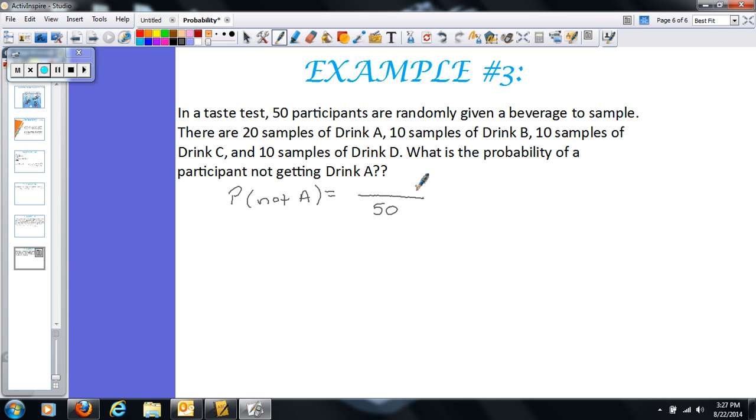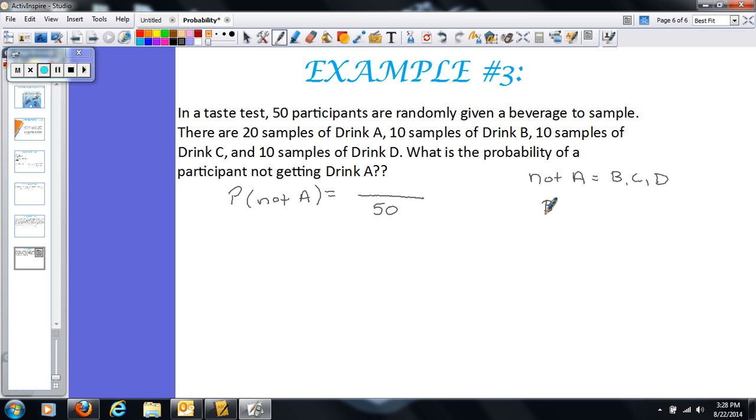Okay, now out of those 50, how many of them are not A? Okay, so not A would mean that it would be B, C, or D, correct? Right, because if I say we got B, is that not A? Yep. If I say we got C, well that's not A. And if I say we got D, well that's also not A. So these would be the choices we're looking at.